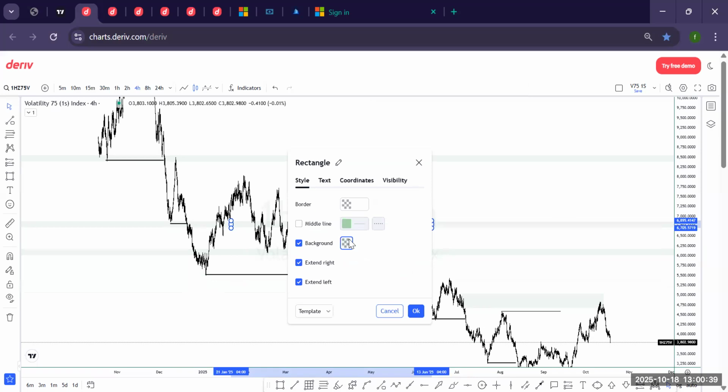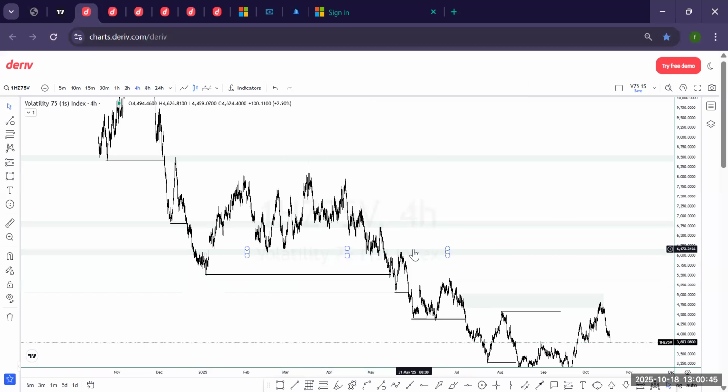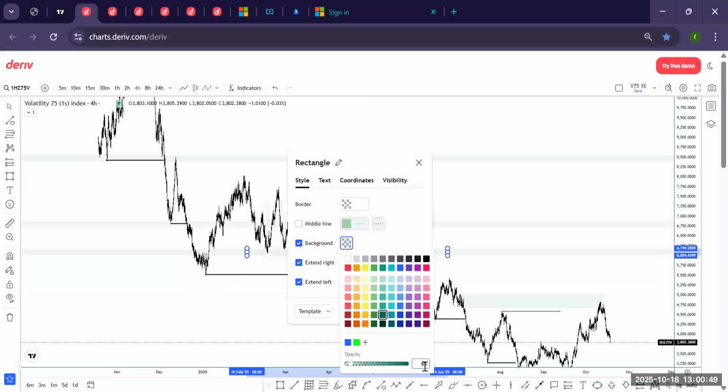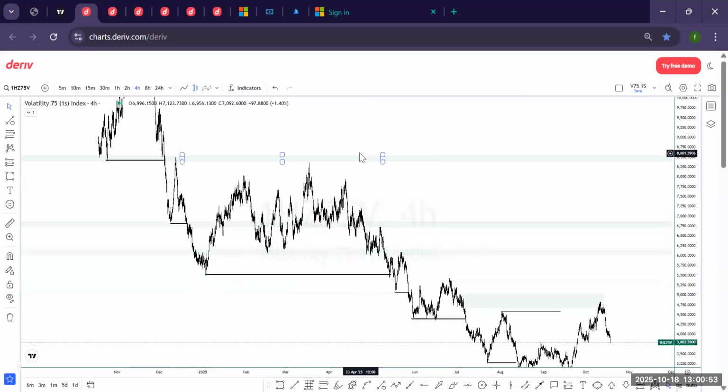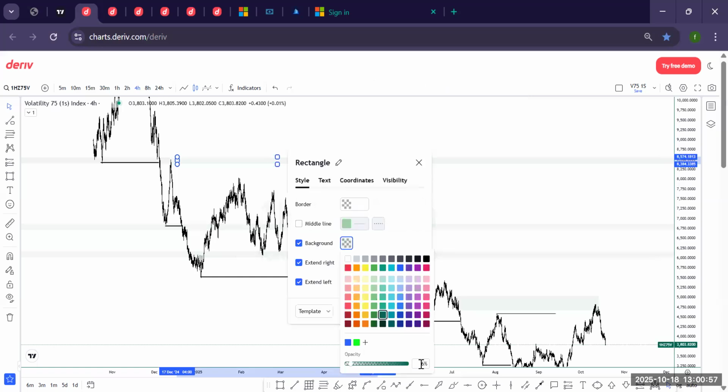I'll be using 4 as the filter. I don't want my charts to be showing color, color, color, so you can just make it 4 so that it won't give confusion. The strength of the color on the background, you can make it 3 or 4. I'm making it 4.